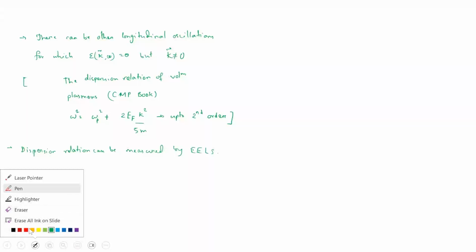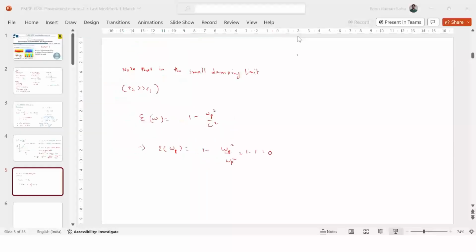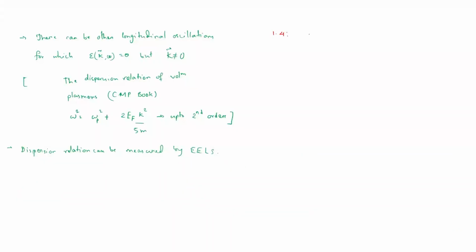Now how does the real metal behave? The real metal, in the sense of gold and silver, they have something called interband transitions.